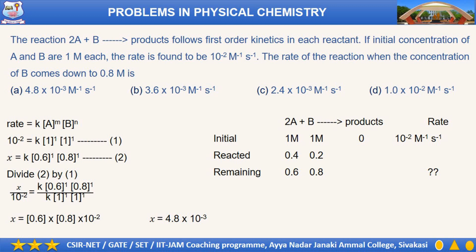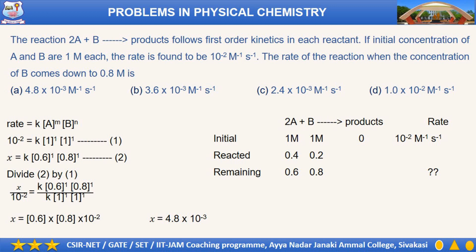Here also, 2 sets of data are given. The rate of the reaction at one condition, R1, is equal to K, the concentration of A power 1 into the concentration of B power 1.